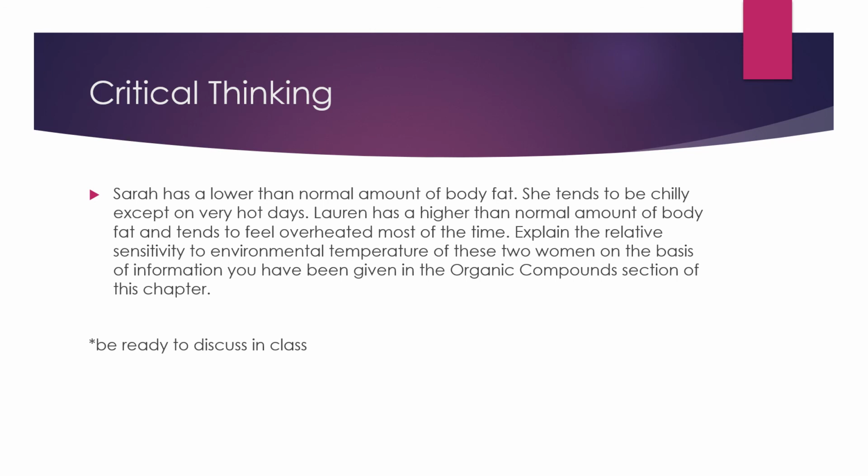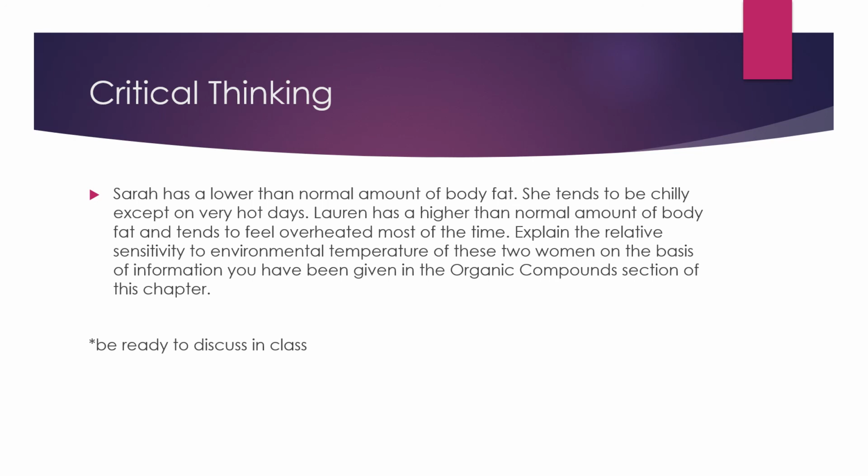Here's some critical thinking to do after you consume this lecture and read your text, for us to discuss during our Zoom meeting. Sarah has a lower than normal amount of body fat. She tends to be chilly except on very hot days. Lauren has a higher than normal amount of body fat and tends to feel overheated most of the time.